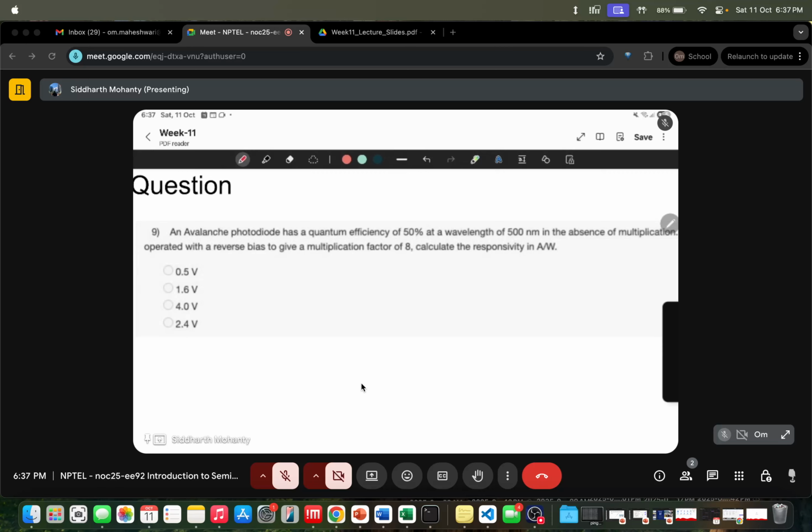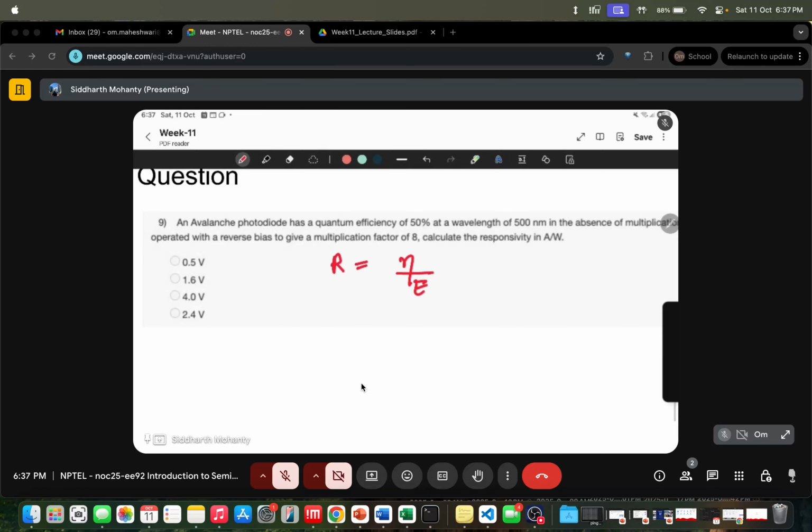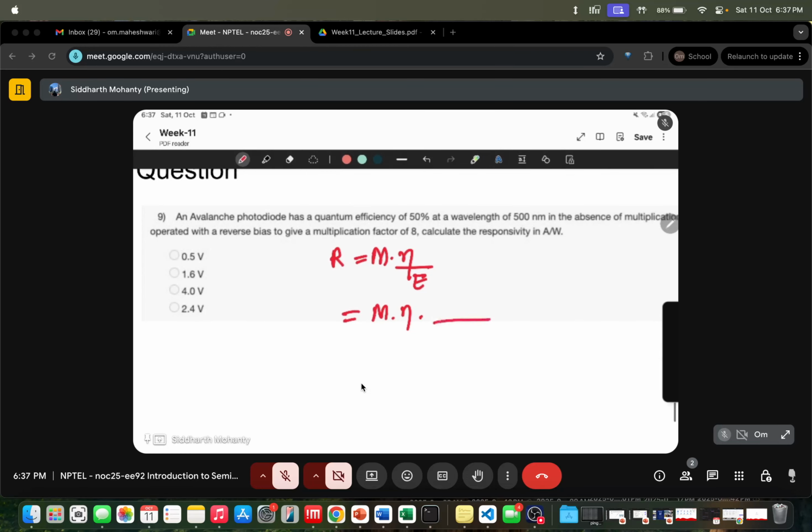Okay, so responsivity will be, we know, eta q by E, right? And since we have a multiplication factor M also, so this is M eta q lambda by hc. So M is 8, eta is 0.5, lambda in micrometer will be 0.5 divided by 1.24.